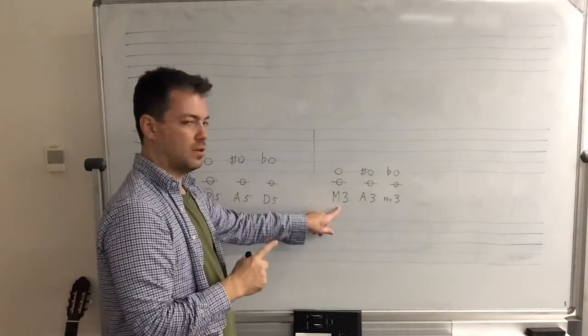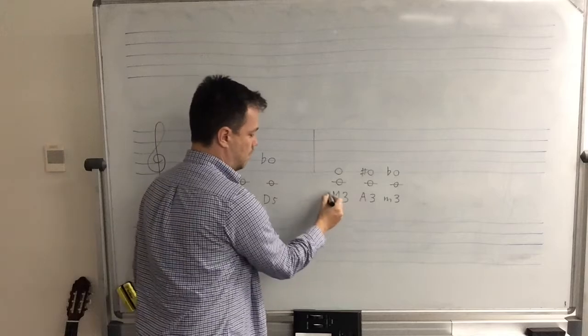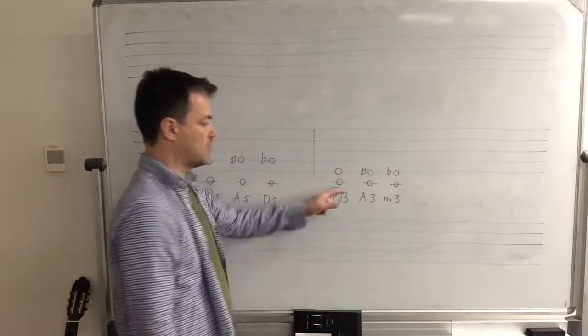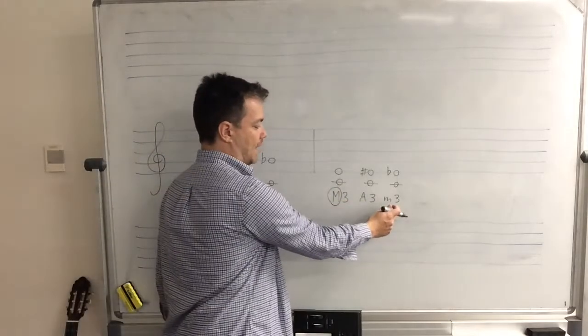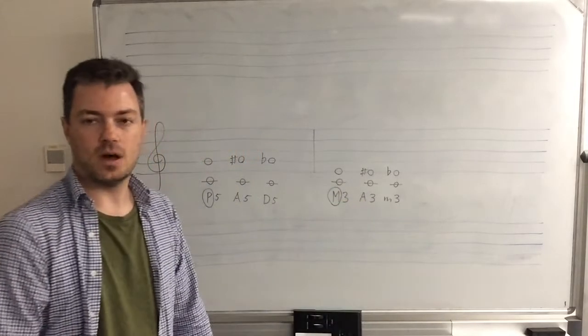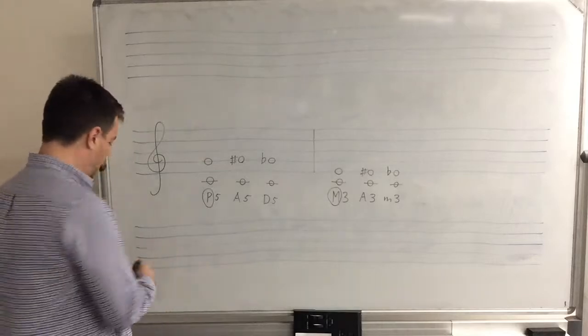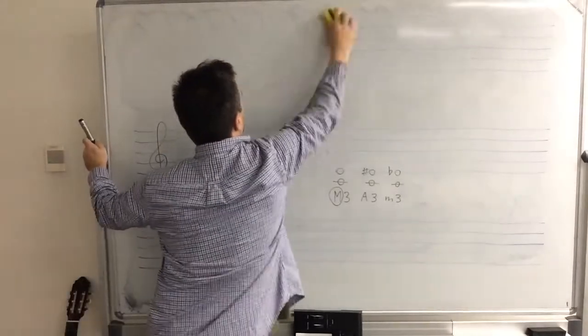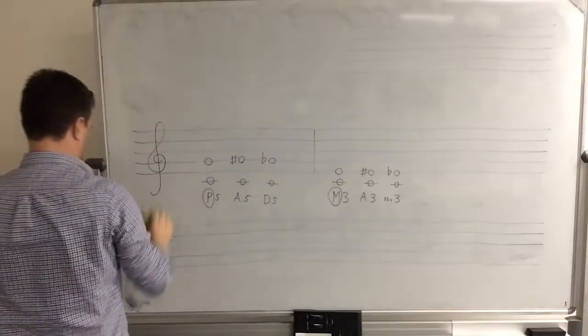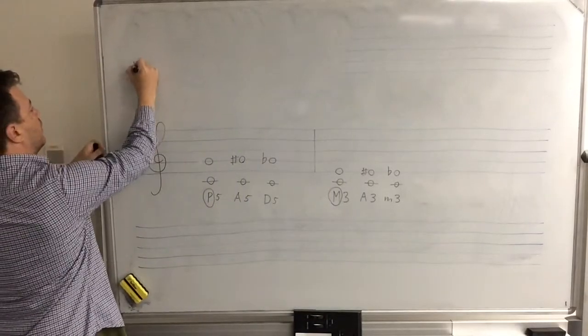But for a major third, adding a sharp does the same thing. It's still an augmented third, but adding a flat, it becomes a minor third. So I'm just going to draw a little diagram up here that will hopefully help us remember that. And it looks like this.